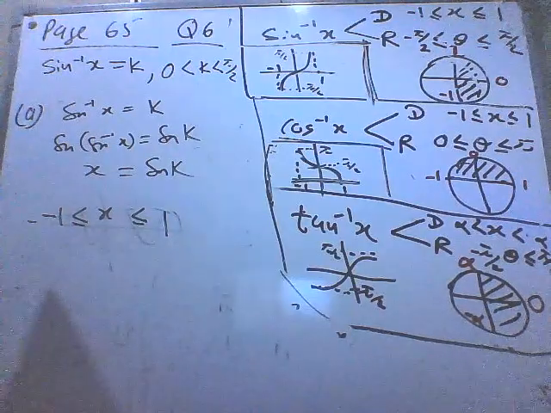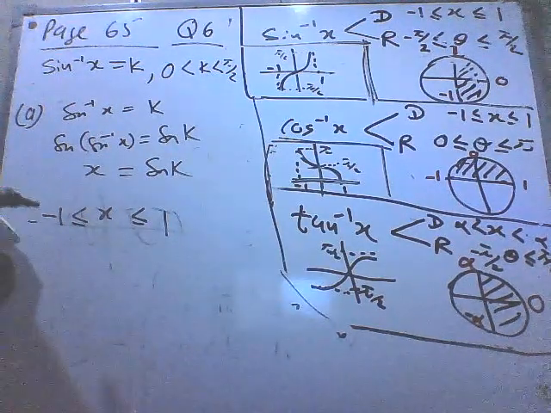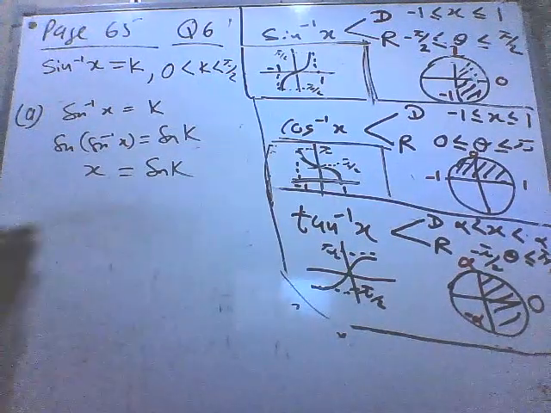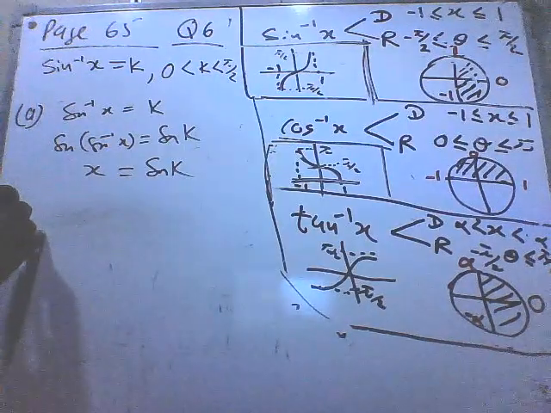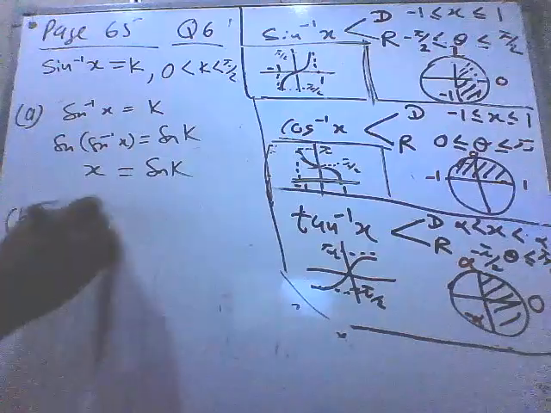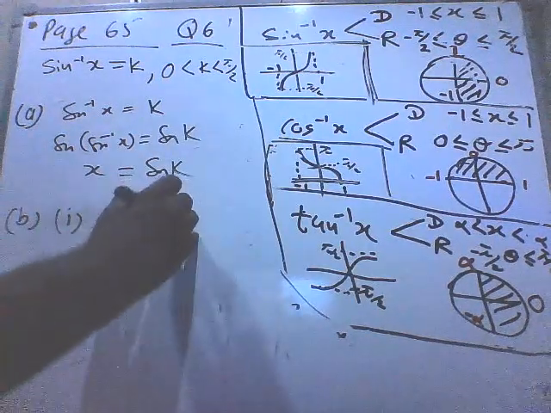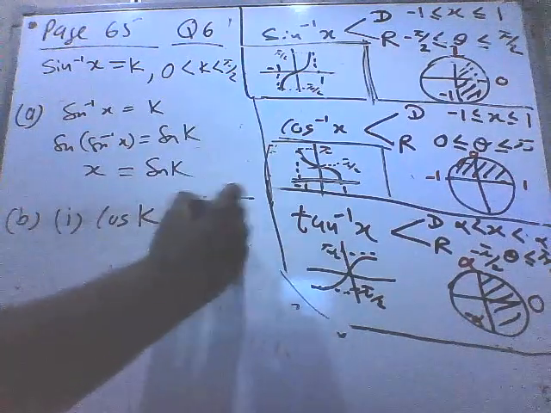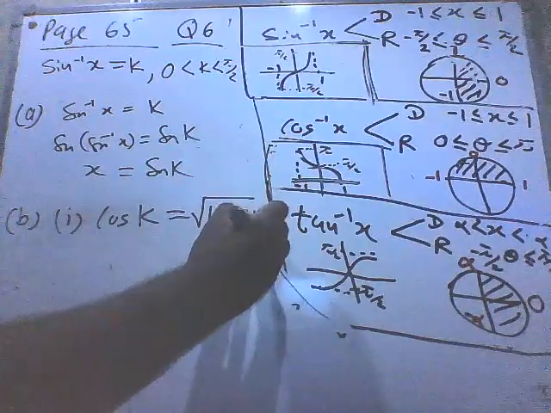Part B, express in terms of x. Part 1 we want cos k. So cos k we can write as square root of 1 minus sine squared k.